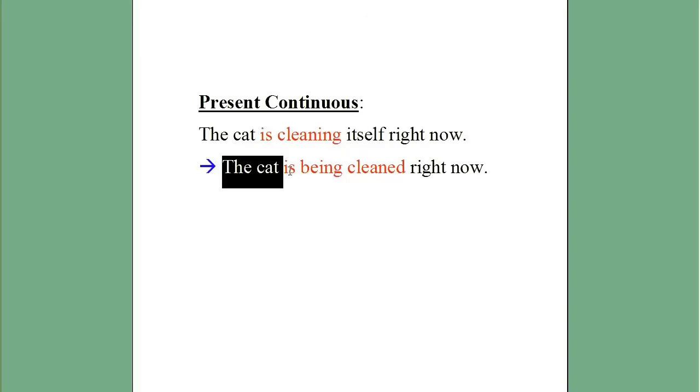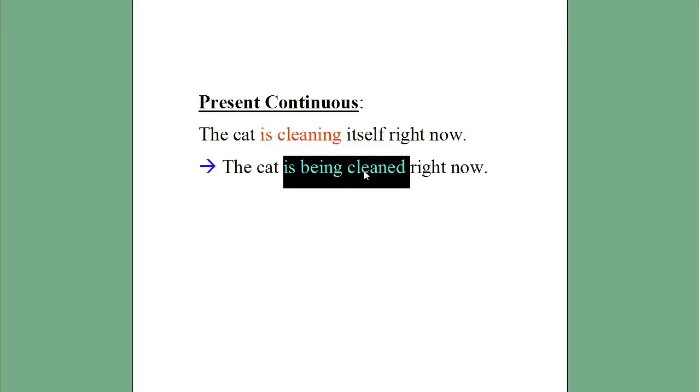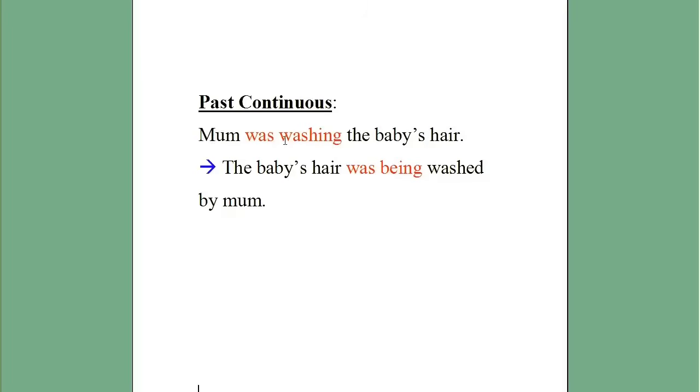The verb to be in present continuous is being, and the third participle, the cat is being cleaned right now. Past continuous, Mom was washing the baby's hair. The baby's hair was, the verb to be in the past continuous was being, what? Washed, the third participle, by Mom.